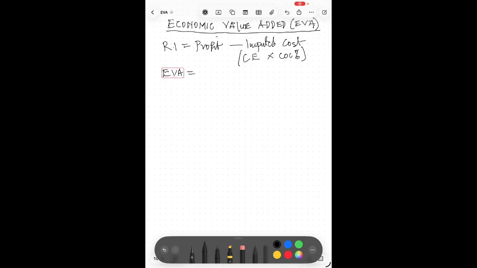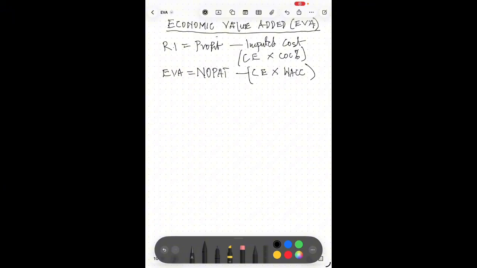This time around, instead of profit, what you have here is what we call NOPAT, that is net operating profit after tax, minus this same capital employed, multiplied this time around, instead of the cost of capital, by the weighted average cost of capital, because your capital has various sources, so you need to calculate the weight of all of them.